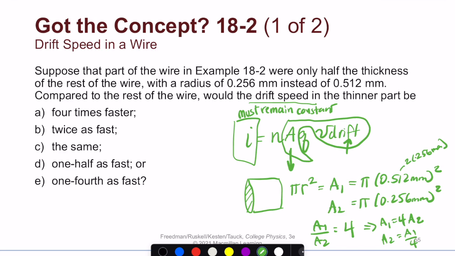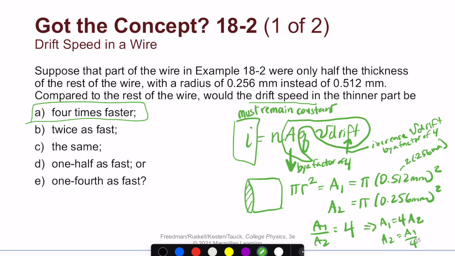If we're going down in our area by a factor of 4, then we must increase drift speed by a factor of 4. Therefore, our drift speed must go 4 times faster to account for that shrunken area.